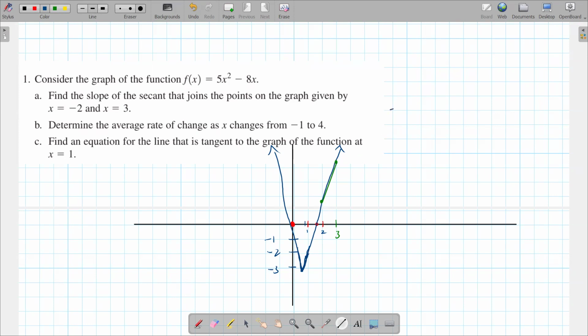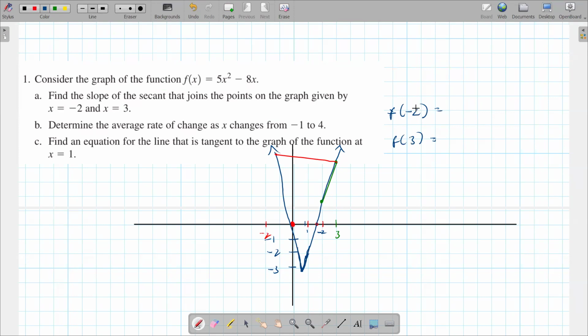So I'm going to first find f of 2 and f of 3. Sorry, that was -2, not 2. So it should be coming -1, -2, so it should be coming this way actually. -2 is not on this graph, but it should be coming this way. Nothing really changes. You first find the y value at -2, then the y value at 3, and then you just do rise over run.